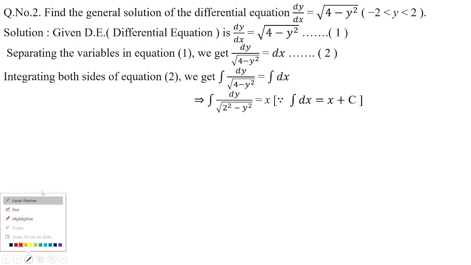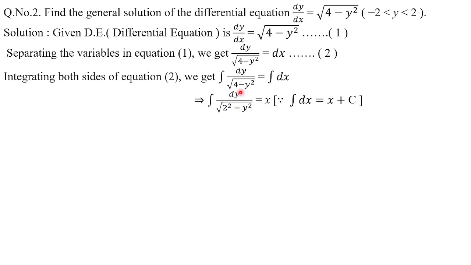You know the integral dx value is x, because integral dx is equal to x plus c. We are not writing the constant of integration in this step. Previously also I told you many times, we should add the constant of integration at the last step only.